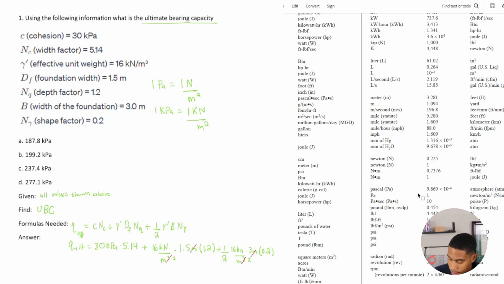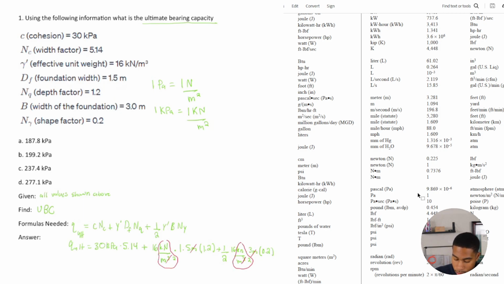And so now, notice our units, we have kilonewtons over a meter squared, right? That's why I did that. So kilonewtons per meter squared is another way of saying kPa.